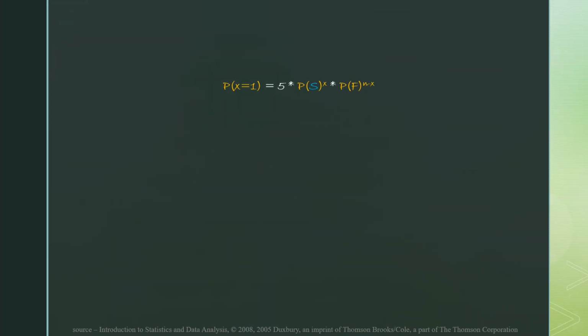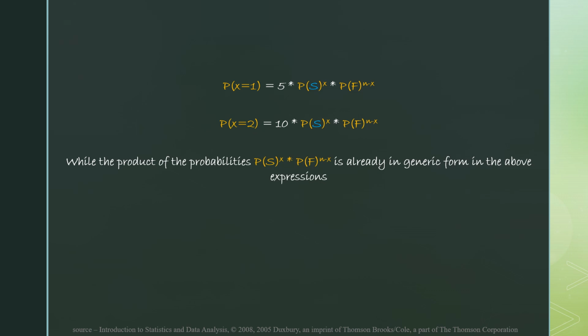We just saw probability of x equals 1 equals 5 times probability of S raised to the power x multiplied by probability of F raised to the power n minus x, and probability of x equals 2 equals 10 multiplied by probability of S raised to the power x multiplied by probability of F raised to the power n minus x, while the product of probabilities, probability of S raised to the power x multiplied by probability of F raised to the power n minus x, is already in a generic form in the above expressions.